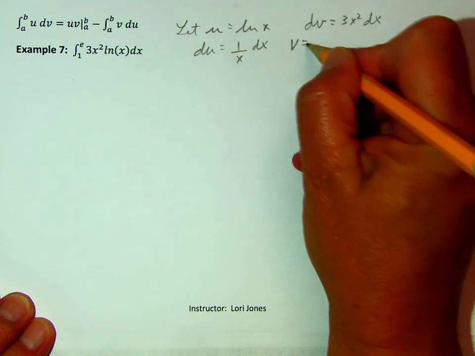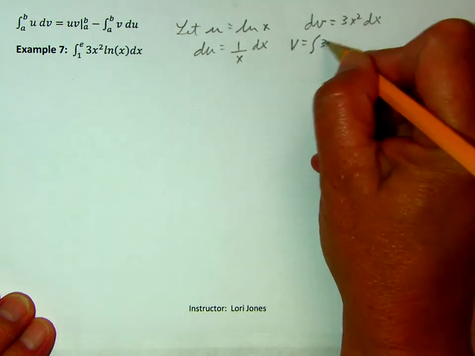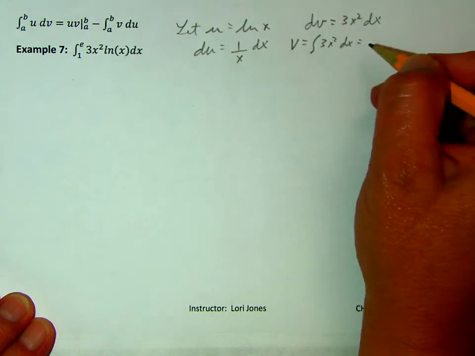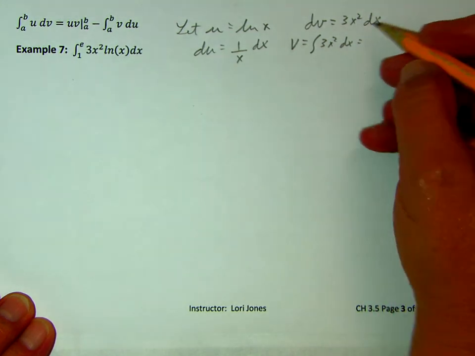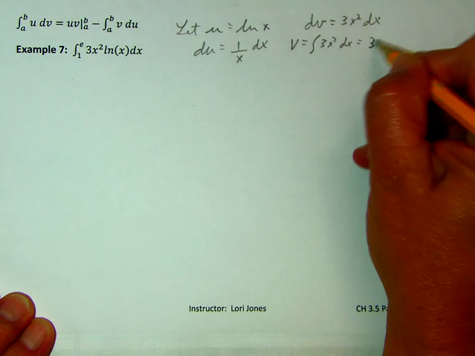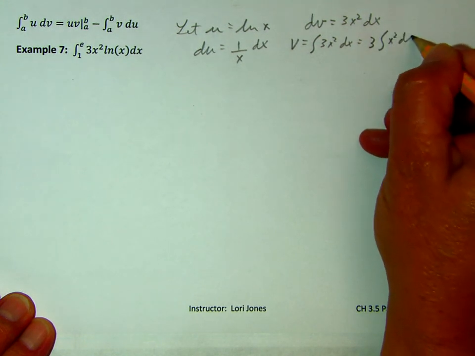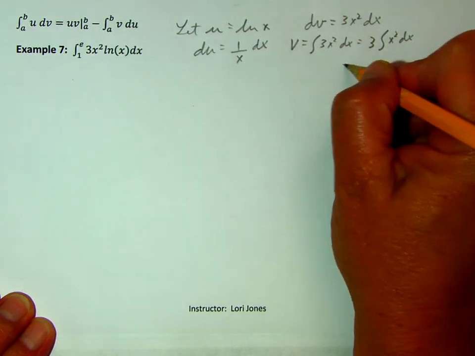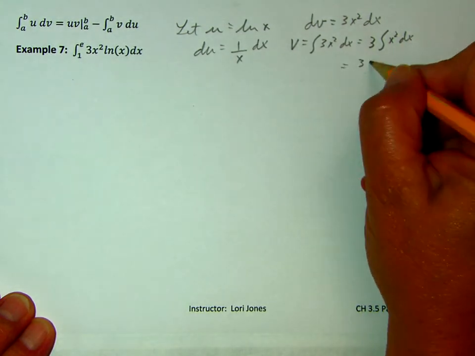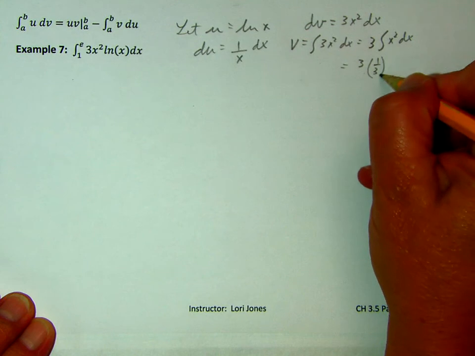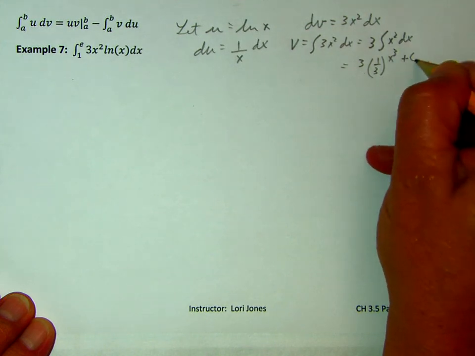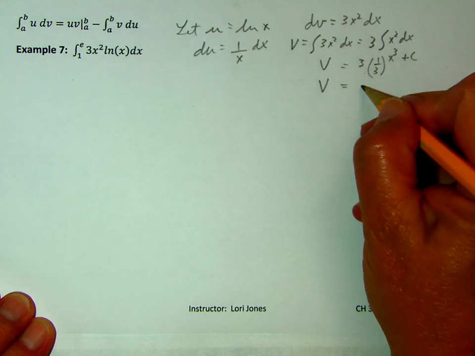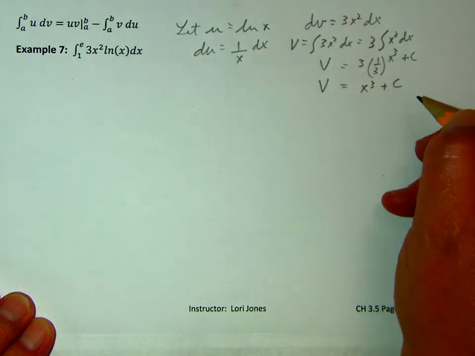So v would be the integral of 3x squared dx, and that would be 3 times the integral of x squared dx, and that would be 3 times 1/3 x cubed plus c. So v is x cubed plus c.